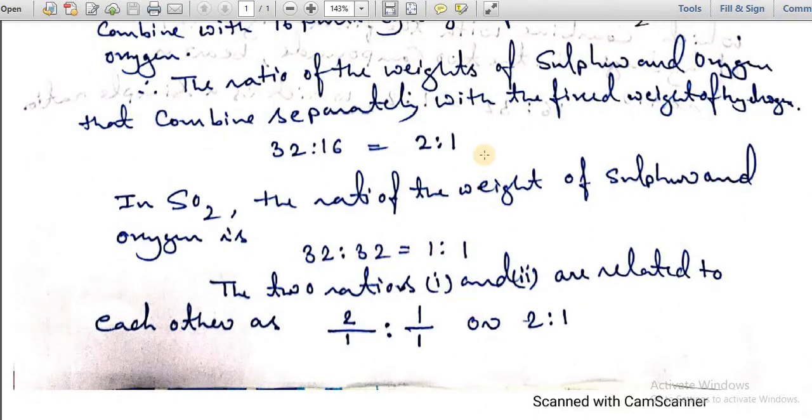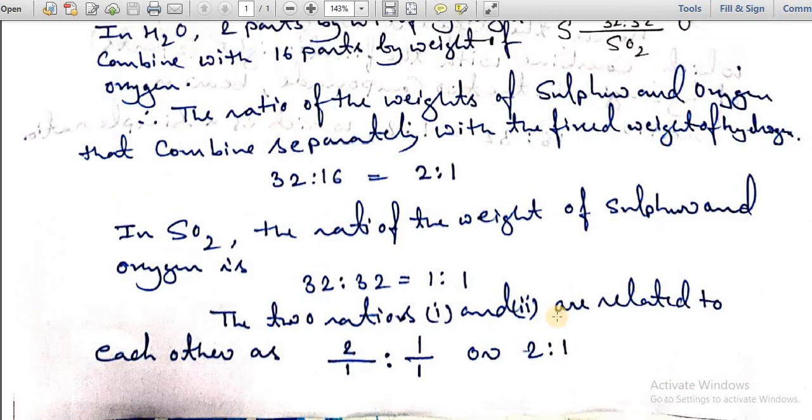Now the ratio of these two, 2 is to 1 and 1 is to 1, are related to each other as 2 is to 1 divided by 1 is to 1. When you simplify it, it comes as 2 is to 1, which is a simple whole number ratio.